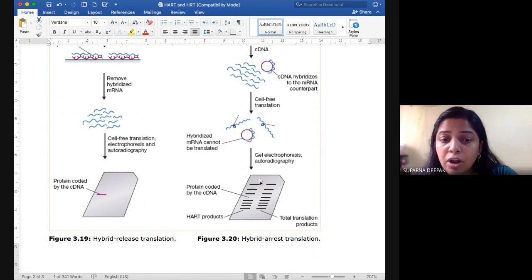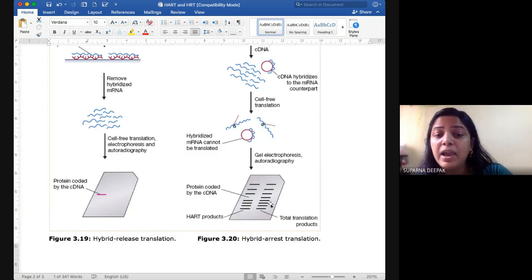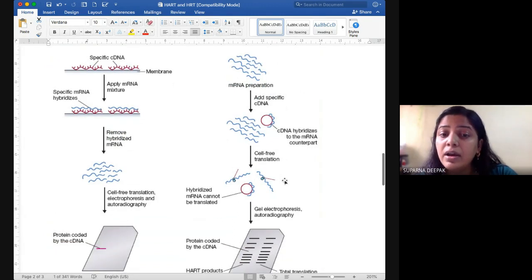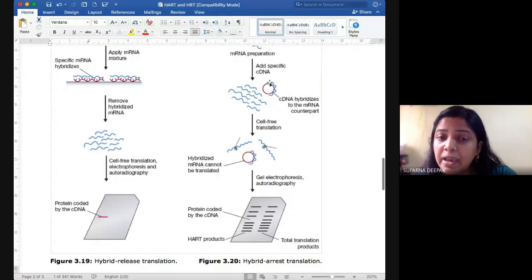Whatever your HART product is will be run on the first well, whereas the total translation products, where the entire mRNA preparation is added directly to your cell-free translation system, will carry all the proteins.